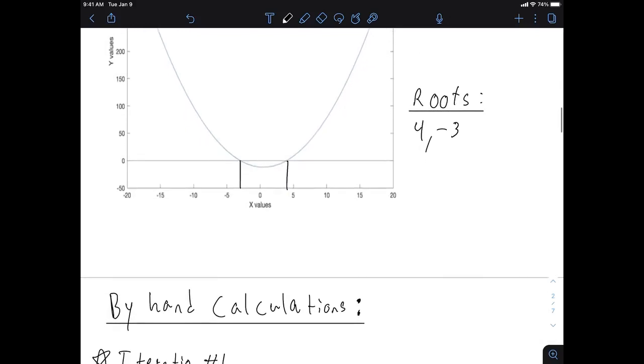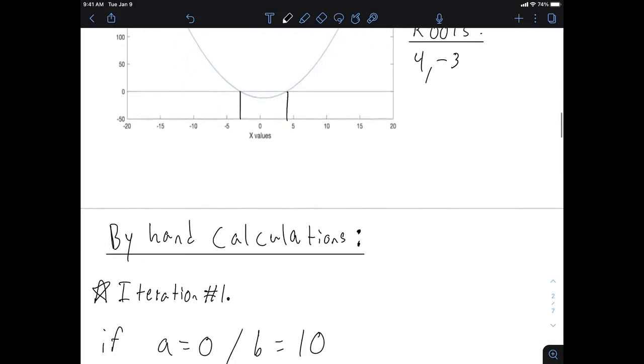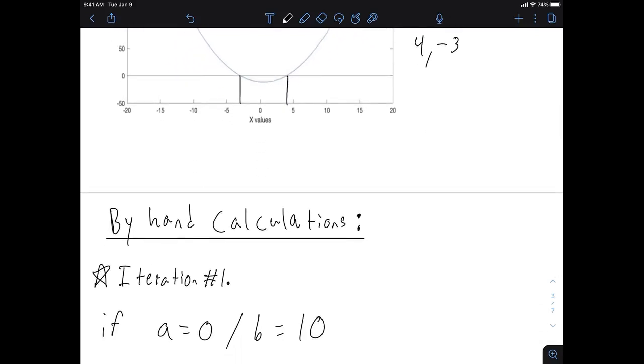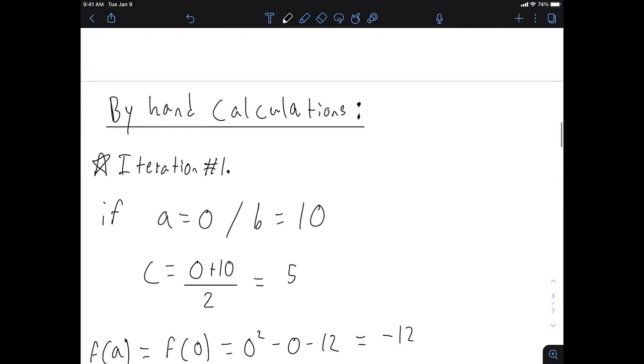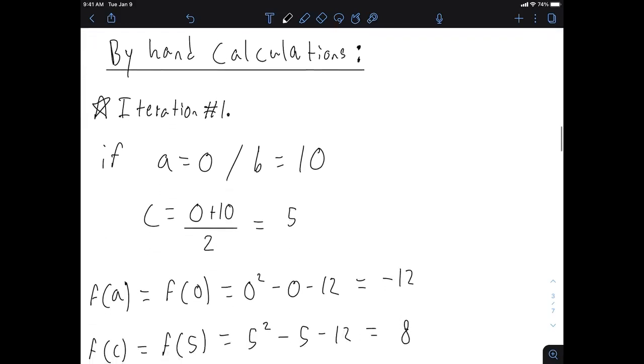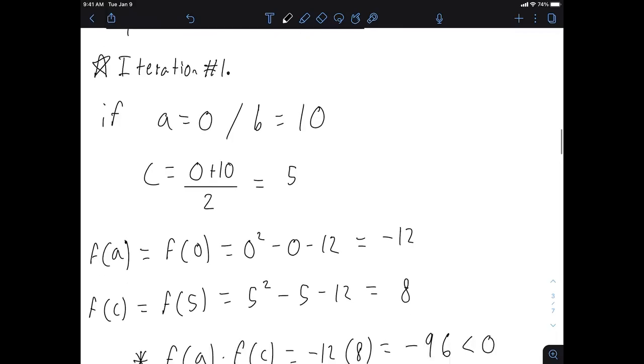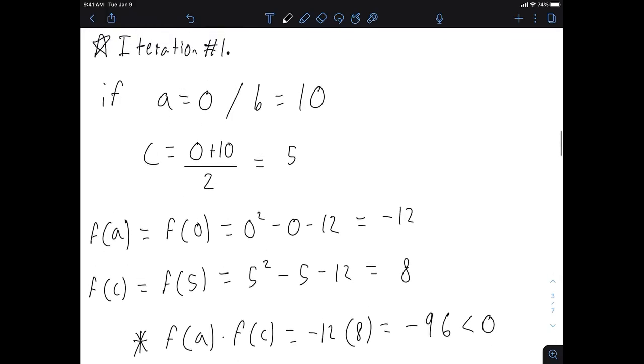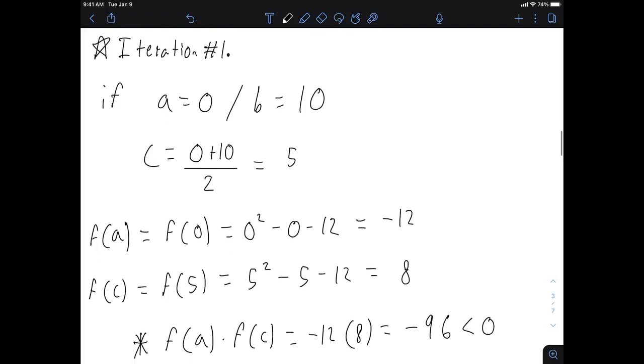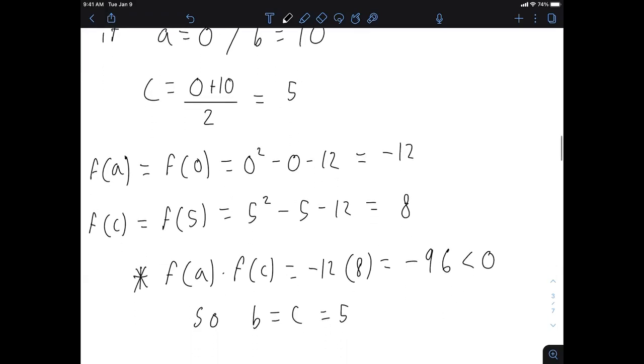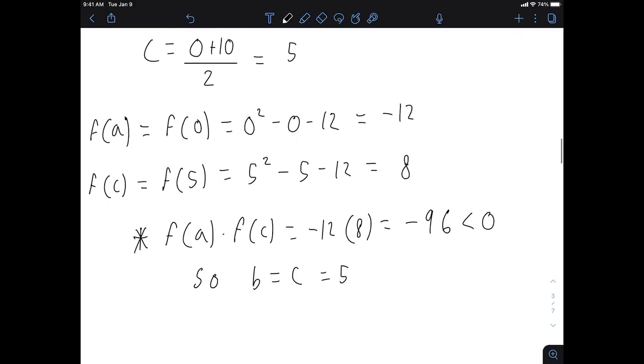Starting off at iteration 1, if A is equal to 0 and B is equal to 10, C is equal to 5. Then you would do the calculations for A and C, and they come out to negative 12 and 8. Plugging those into the if statement, you can see that it is less than 0.